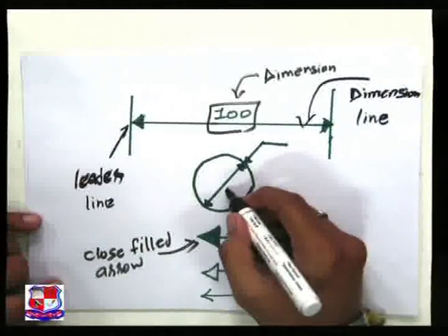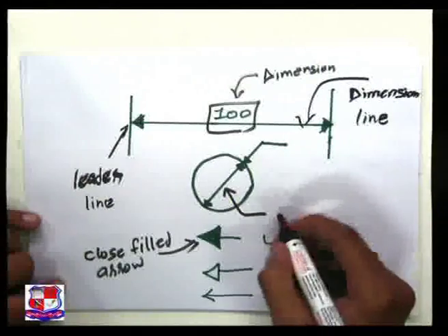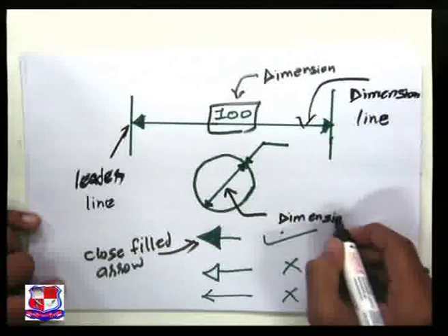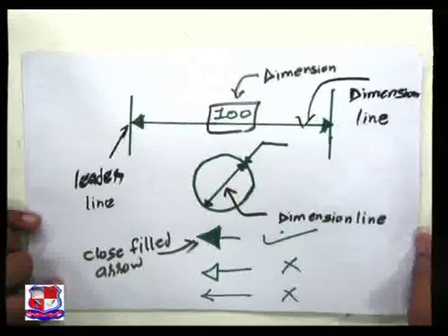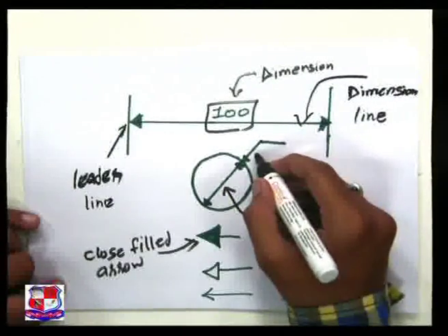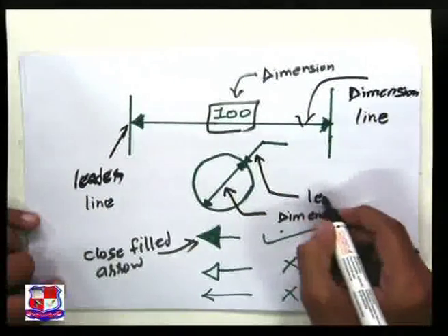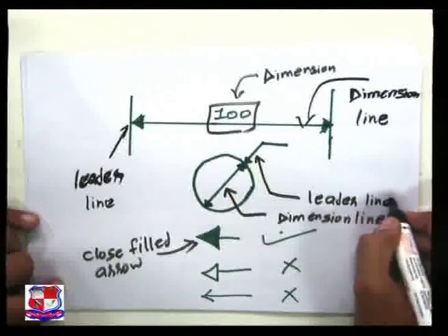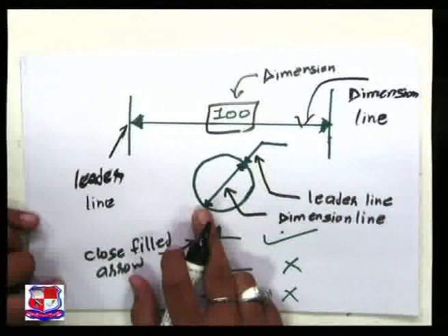Now over here, the line passing through the center of the circle is our dimension line. The line which came out is our leader line. You can see the close filled arrow very easily.